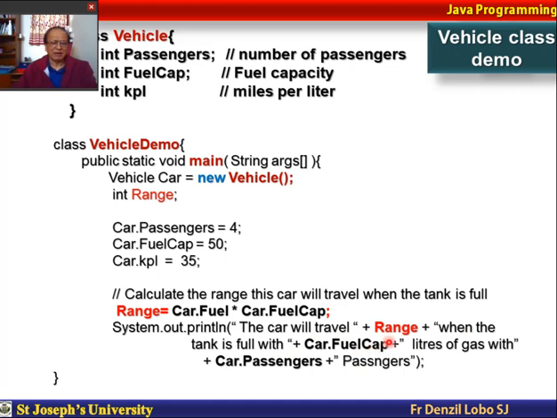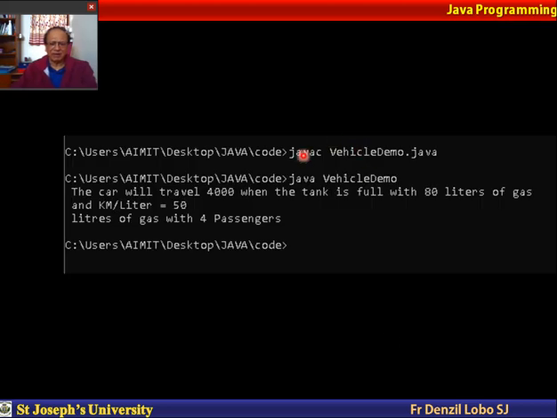And how do we do that? Again, as we have done earlier, javac VehicleDemo.java. I compile it, then I execute it using the Java virtual machine, and it gives you the output: the car will travel 4,000 kilometers when the tank is full with 80 liters of gas, and with the mileage 50 kilometers per liter, with 4 passengers.